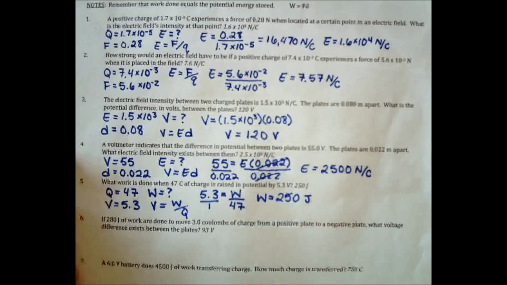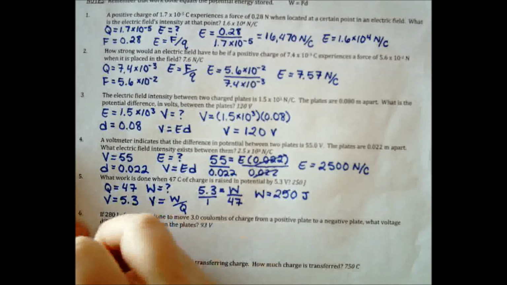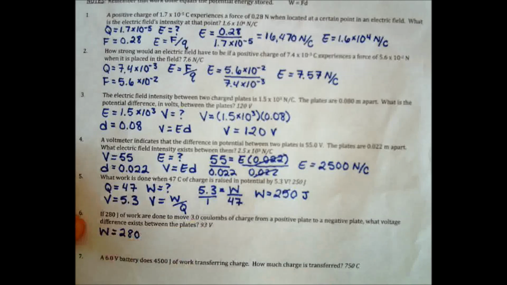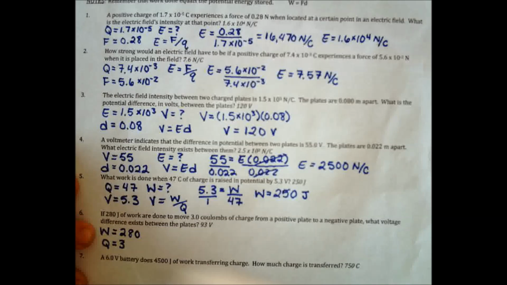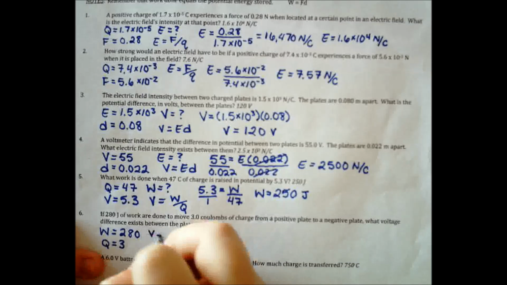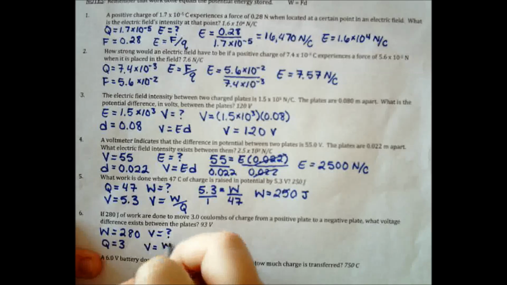Alright, number 6. If 280 joules of work are done to move 3 coulombs of charge from a positive plate to a negative plate, what voltage difference exists between the plates? So now we're going to use the equation as before.